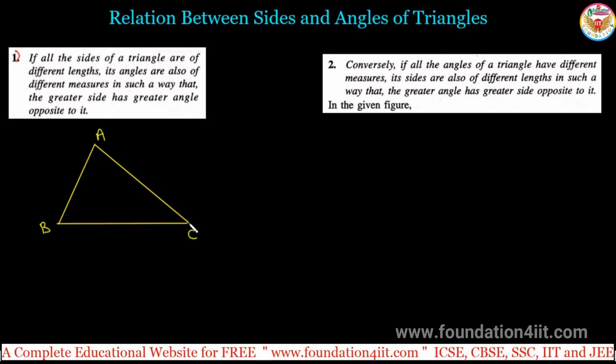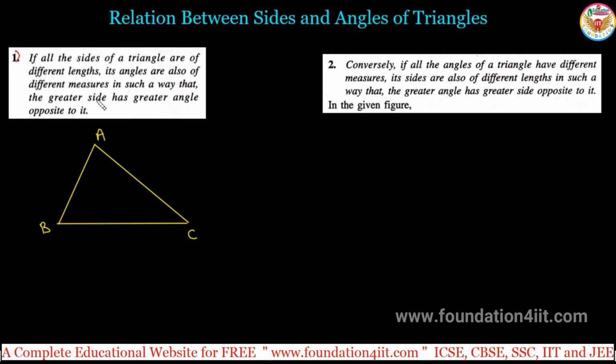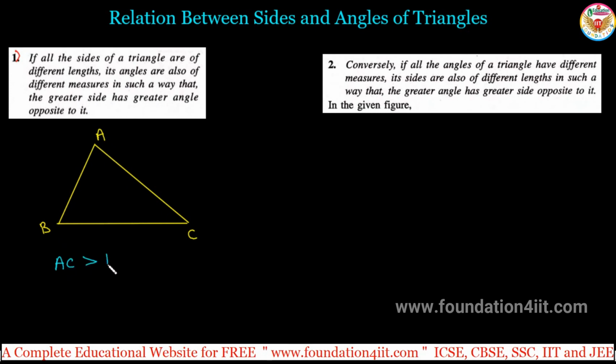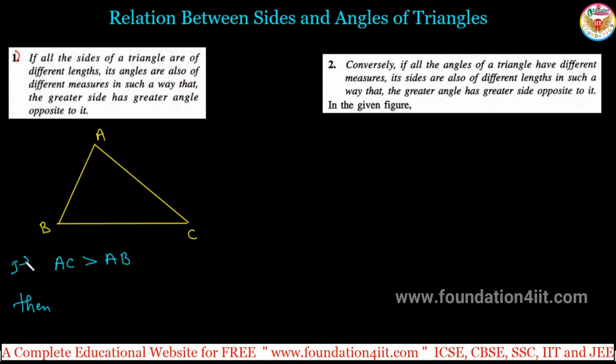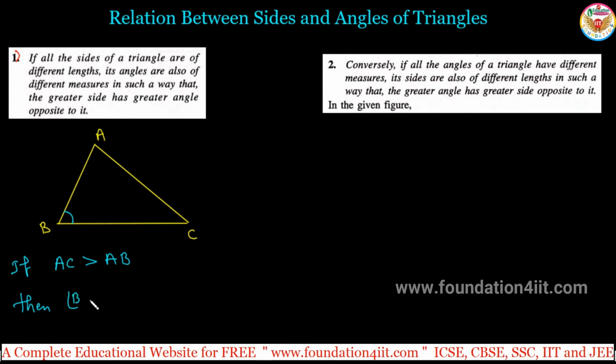This property says all the sides of the triangle are of different lengths. So AB, BC, AC are different lengths, and its angles are also of different measures. So the three sides are different and the angles are also different. That means the greater side has the greater angle opposite to it. In case AC is greater than AB, then the angle opposite AC is angle B, so angle B is also greater.